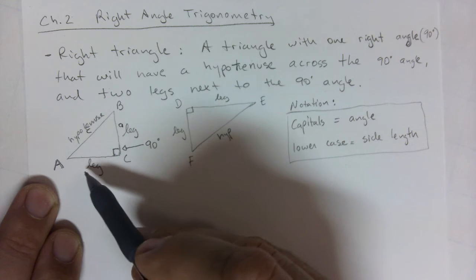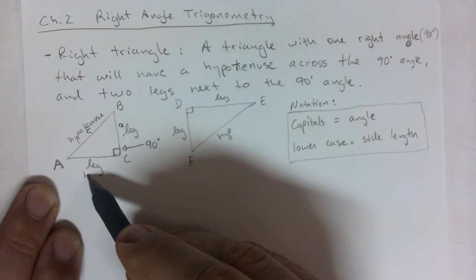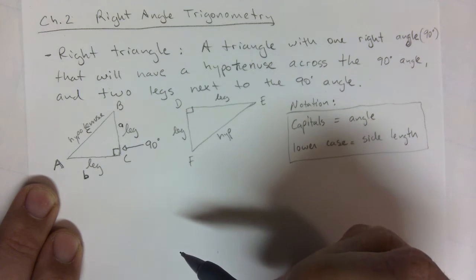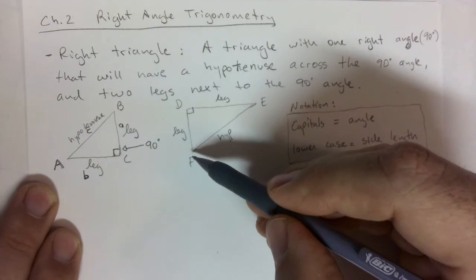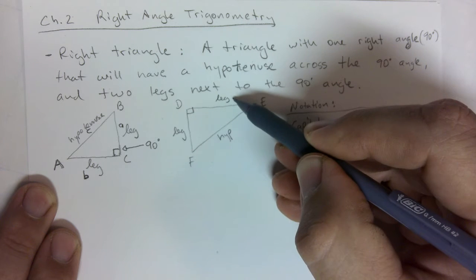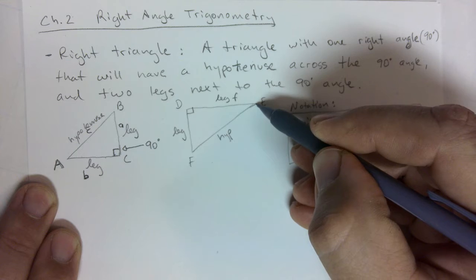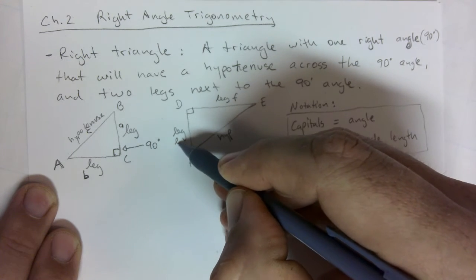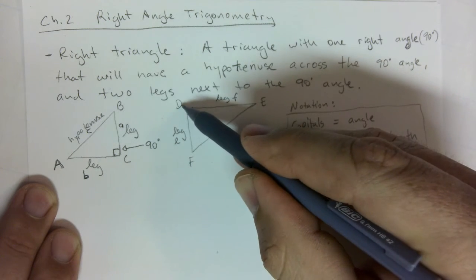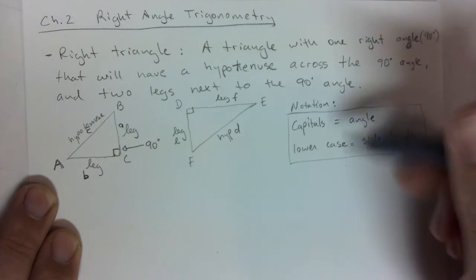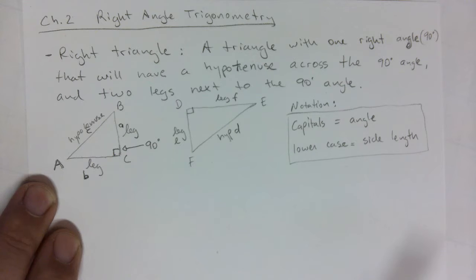And across capital B, we have lowercase b. So that's convention. That's how we label. If capital F is here, this would be lowercase f. If capital E is here, you travel across, this is e. And if this is D, we call this lowercase d.